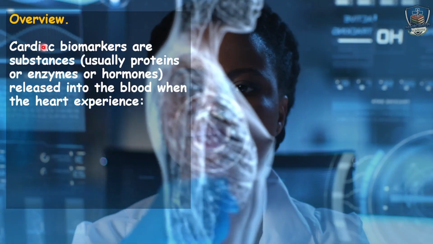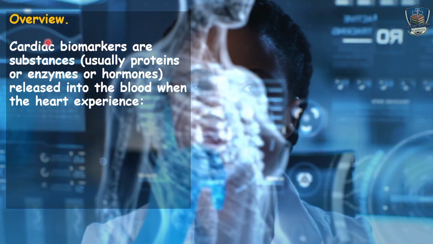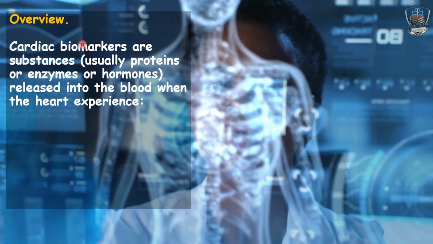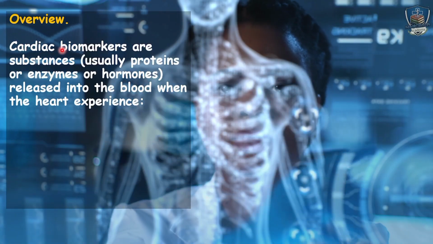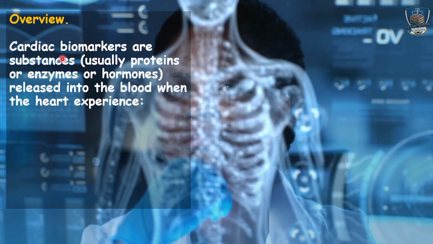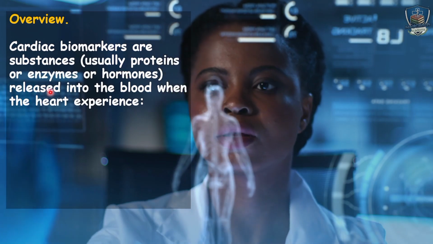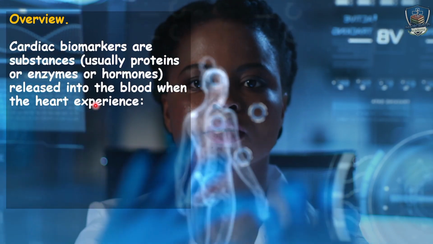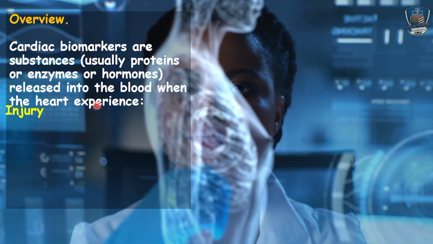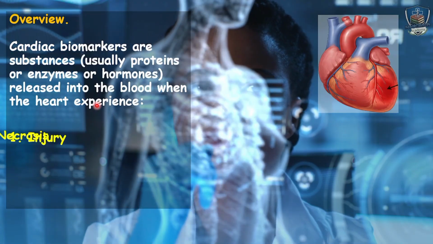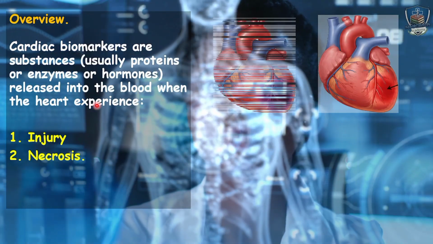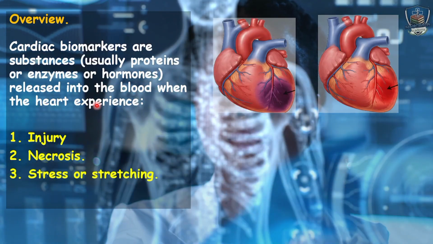The first step in this session is to identify the term cardiac biomarkers. What are cardiac biomarkers? These are substances. They can be proteins, enzymes, or hormones that are released into the blood when the heart experiences an injury, or necrosis, or when the heart is stressed or stretched.